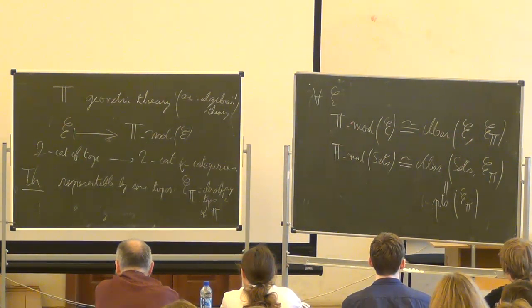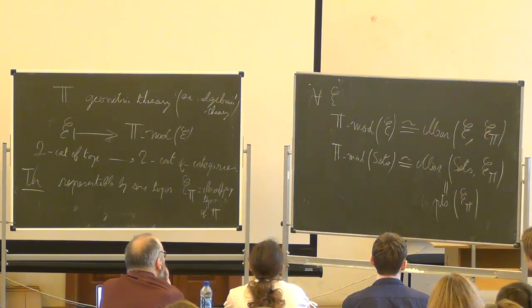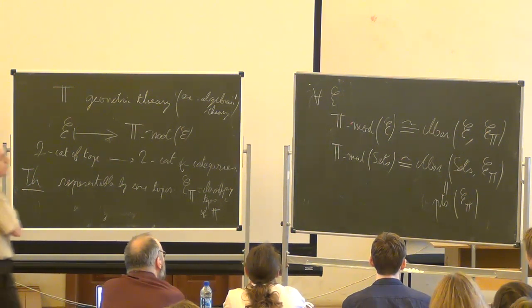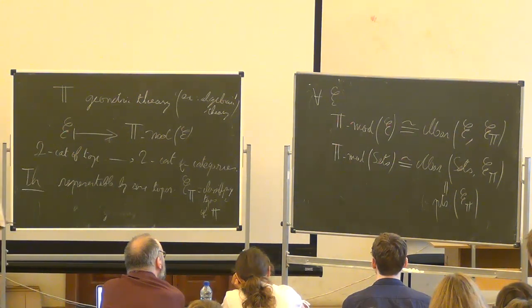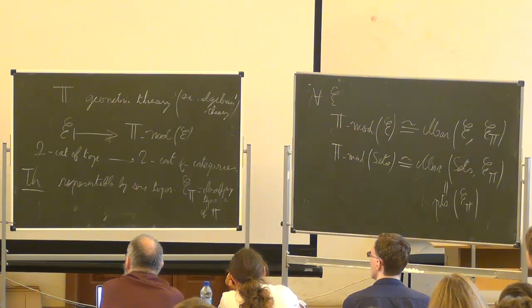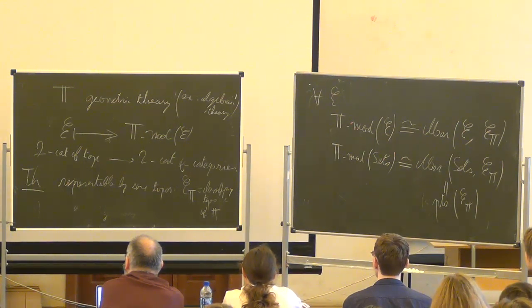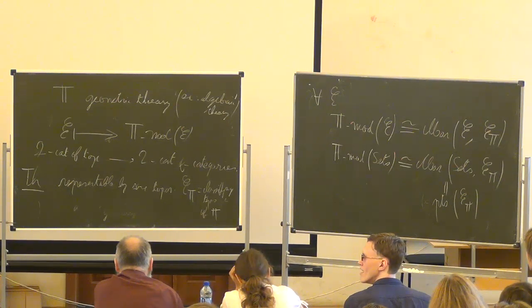So, for instance, there is a topos whose points are the category of groups. There is a topos whose points are the category of rings, or commutative rings, or local rings, or the category of models over a ring, and so on.